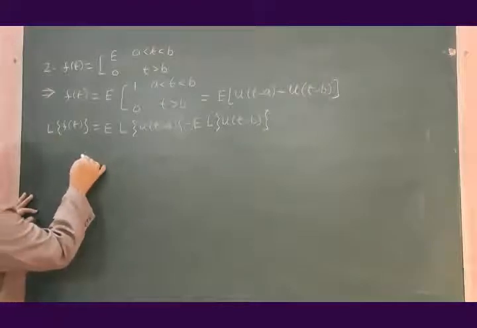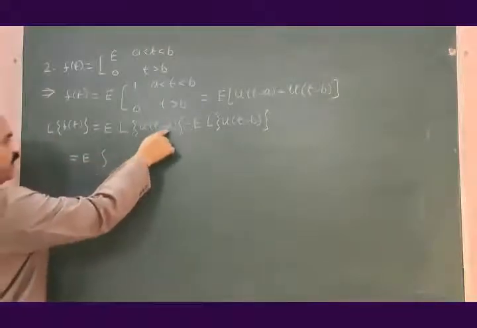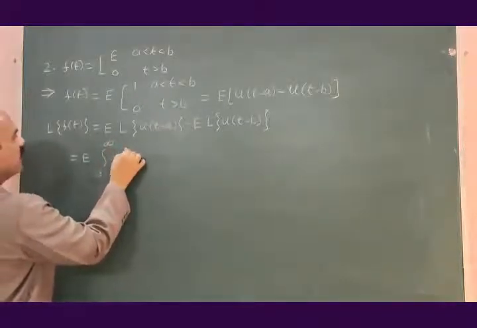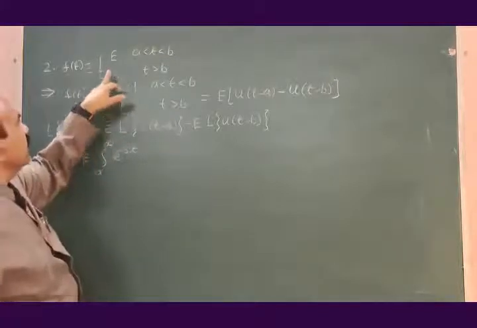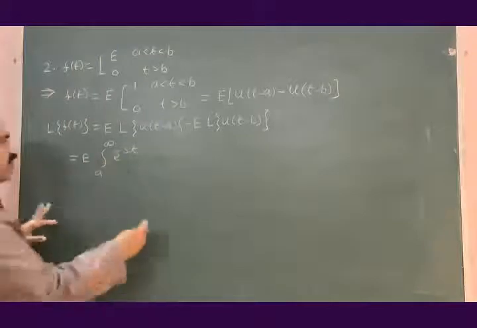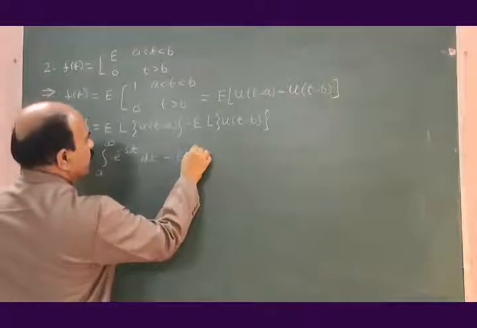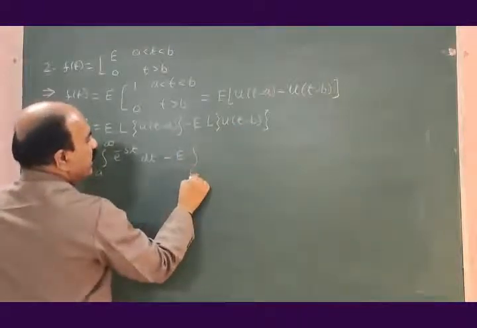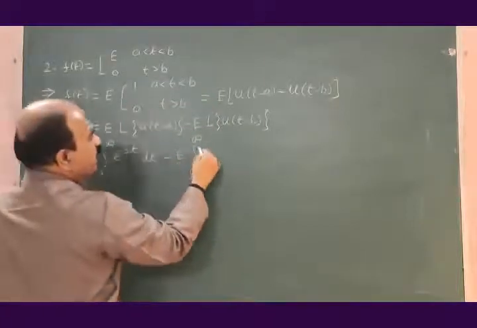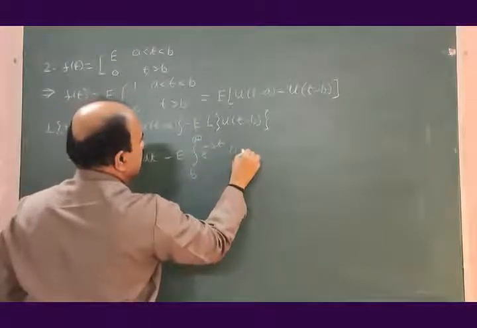This is nothing but e into integration from a to infinity of 1 into e to the power minus st dt, minus e into integration with limits b to infinity of 1 into e to the power minus st dt.